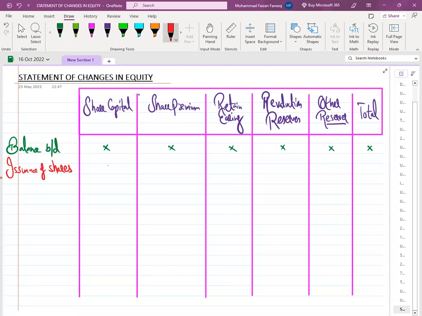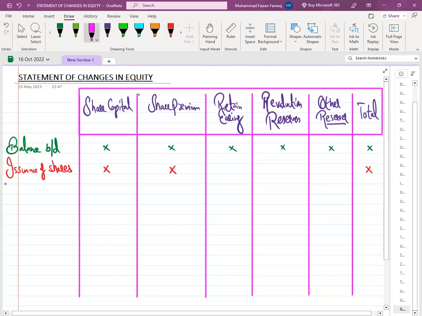So, because of issuance of shares, share capital and share premium both increase, because equity increases on the credit side. That's the first one.